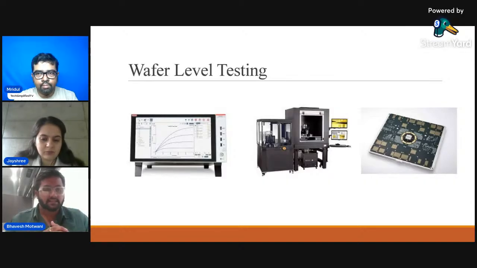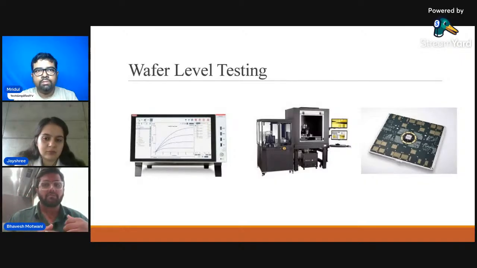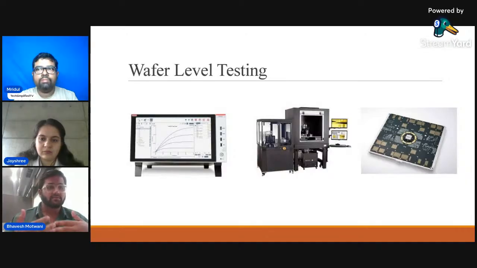Now wafer level testing is simple: we have got a wafer. The probes are generally a small pencil kind of thing. You attach it like this, and then pass a current and a voltage through it to understand the electrical parameters, and based on that we can measure the threshold voltage, leakage current, Vds, Vth, everything.